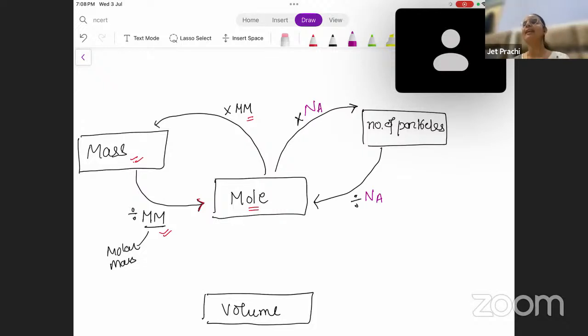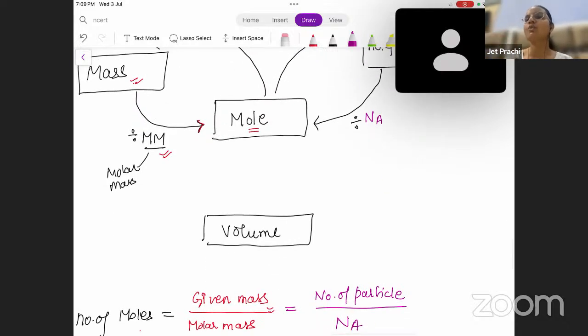Na is the number of particles in 1 mole, right? So if the number of particles is given, then I have to divide or multiply with Na. If we have to deal with the mass, then we have to multiply or divide with the molar mass. If this is clear, now we will move on to the volume.